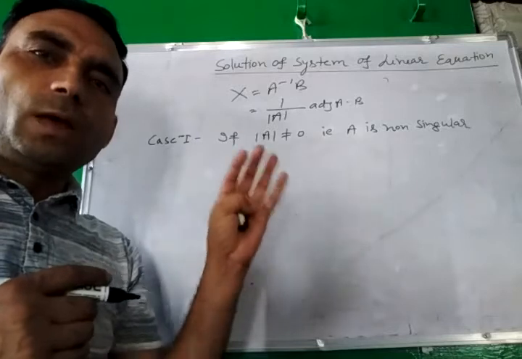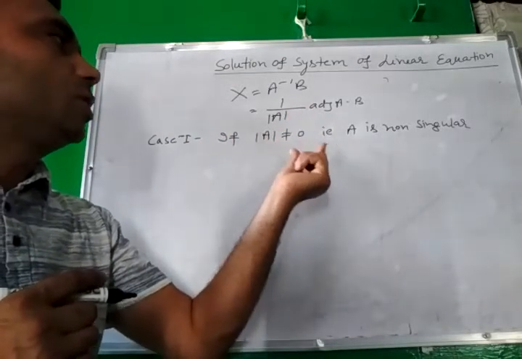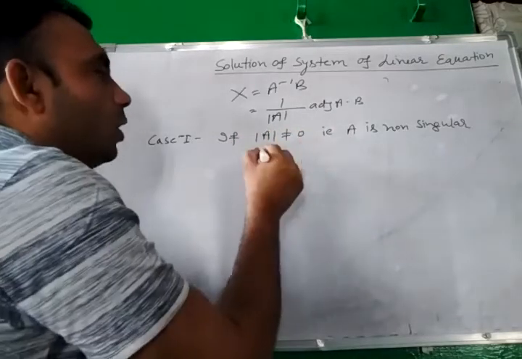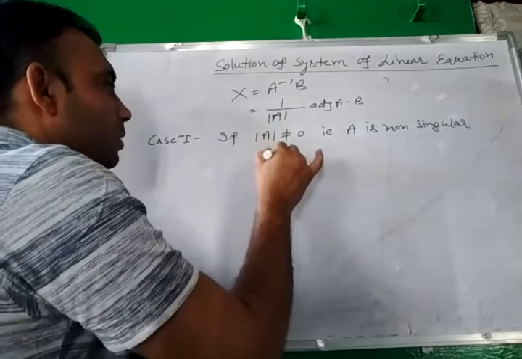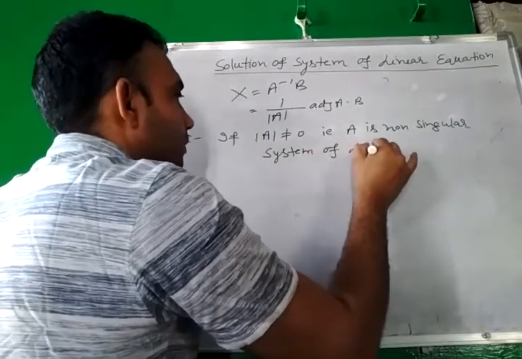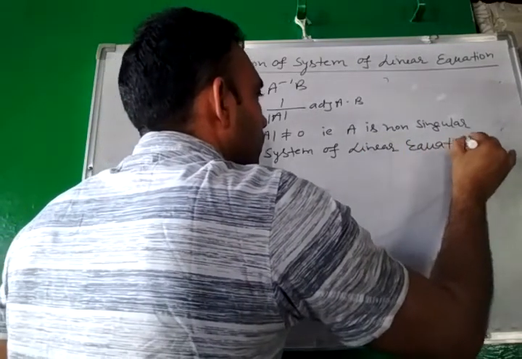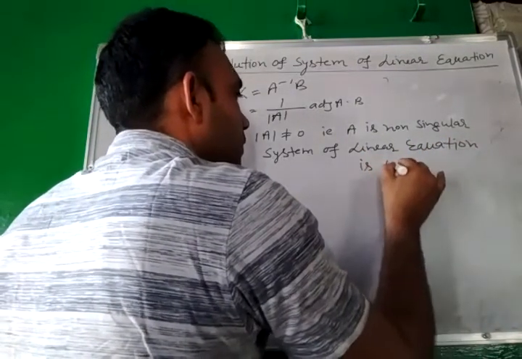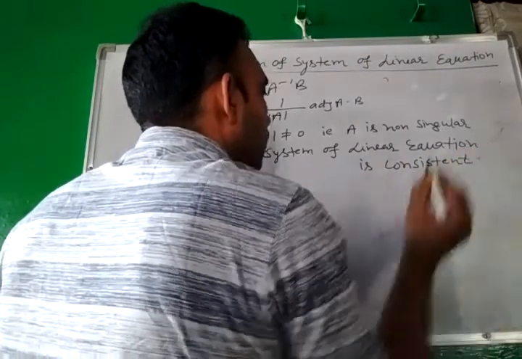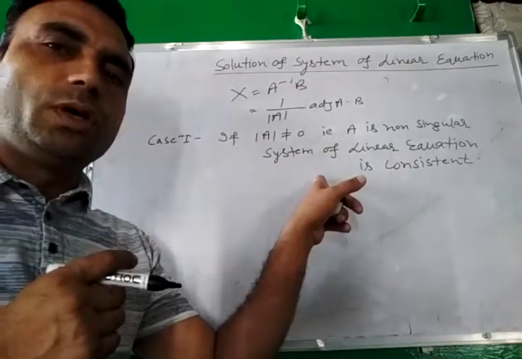So we will get a unique solution, and the system of equations is called consistent. So if determinant of A is not equal to 0, the system of linear equations is consistent. Consistent means having a solution. So in this case, we get a unique solution.